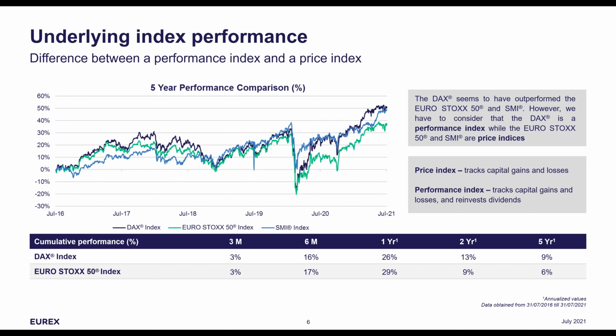That's, as said, because of the performance index situation, and that also means that over time, the DAX performance index is always in total index points higher than the Euro STOXX. So even if the market goes sideways, the invested dividends will always add up in the index point levels.